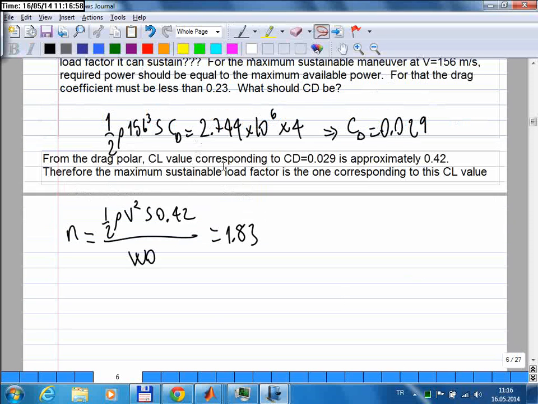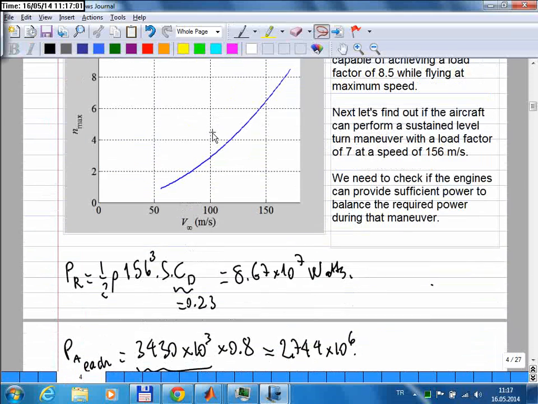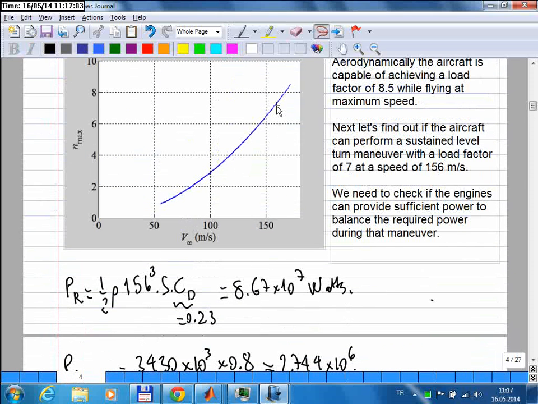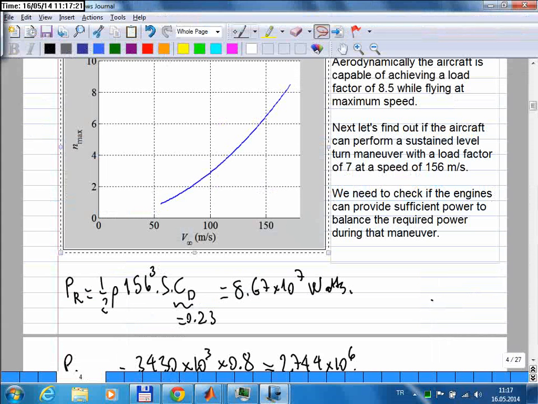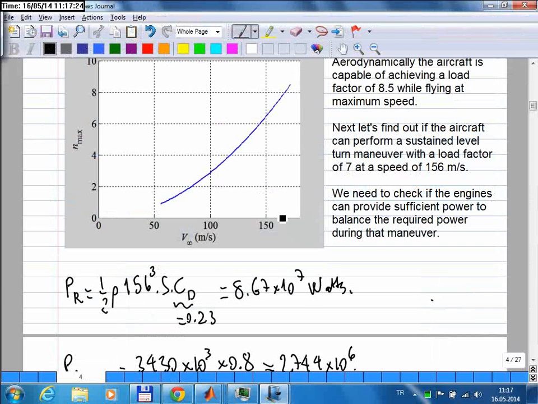Aerodynamically, at that speed, it can reach a load factor up to 7, but the engines will not allow it to continue that maneuver. If you consider the engine limitation, the maximum this aircraft will be able to reach is 1.83. So at this speed, at 156, this is the maximum it can reach.